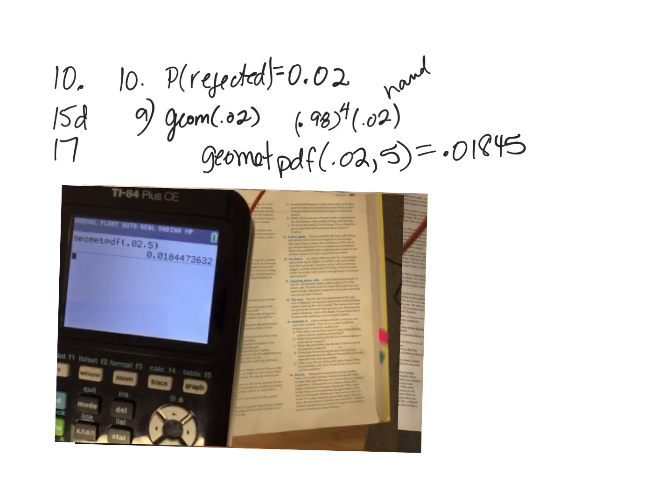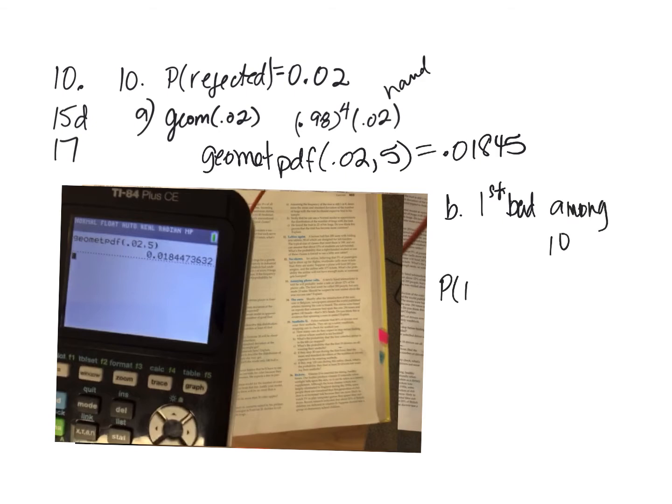Okay. Now the second question is, what's the probability you find a bad one within the first 10 you examine? That word first means I'm finding one bad one. It's either the first one I grab, or I get a good one, and the second one I grab is the first bad one, or the third one I grab is the first bad one. So this is cumulative. So the first bad one is among the 10.